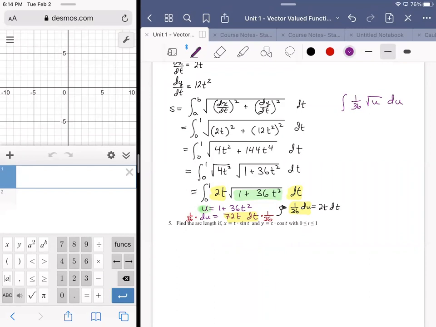Right, so the u came from the 1 plus 36t squared substituting, and the 2t dt became 1 over 36 du. So then I could say 1 over 36 u to the 1/2 du, integrate that. So increase the exponent by 1, you know the deal. So 3/2. So we're multiplying 2/3 by 1 over 36. So if you multiply 2/3 by that, it's 1 over 54, I think.